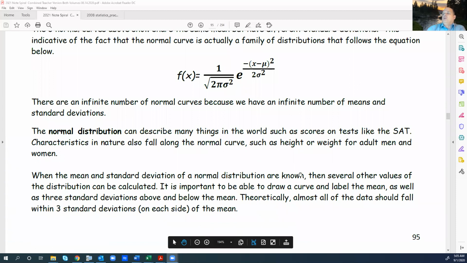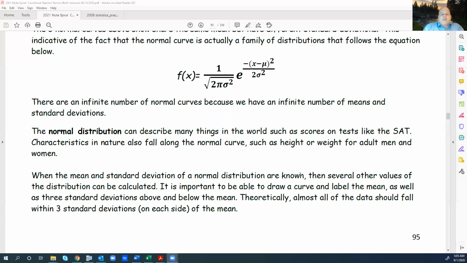Why is it powerful? We can use it to describe many things in the world, and I mean naturally, many things follow the normal curve. Your SAT scores do, so do your ACT scores. A lot of characteristics of nature, such as height, weight, etc., follow the normal curve.